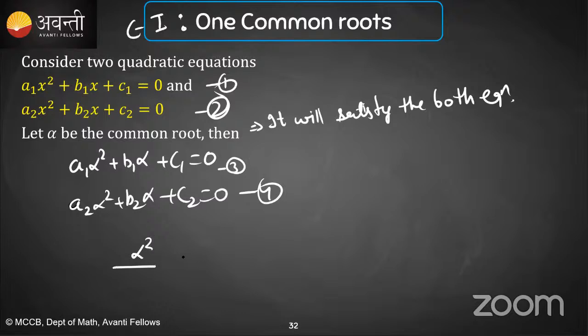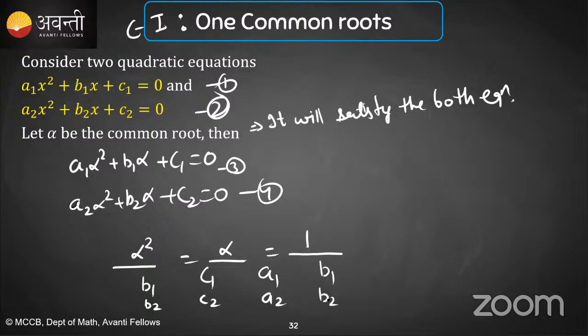The first variable, then alpha, then constant 1. How will you write it down here? Tell me. b1 b2, c1 c2, a1 a2 and b1 b2 again, right? This is how you will write it down, and cross multiply. Yes or no? So what will you get?